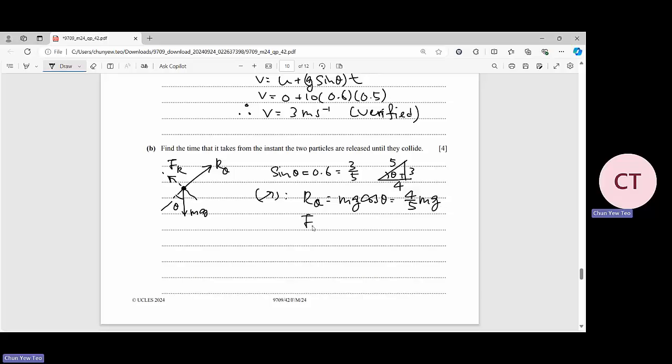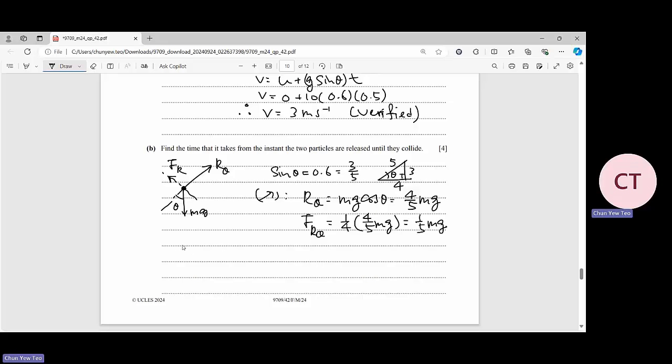Your frictional force will be mu R_Q, which is 1/4 of 4/5 mg, so it will be 1/5 mg.